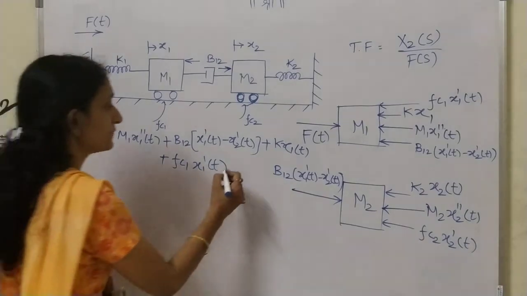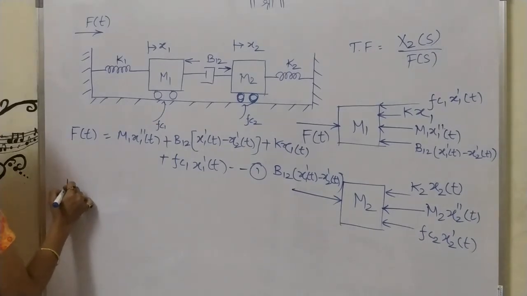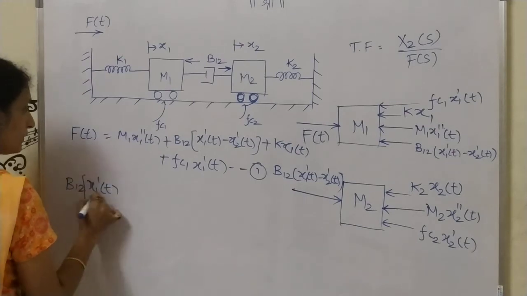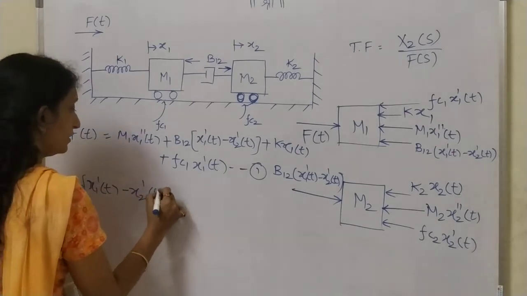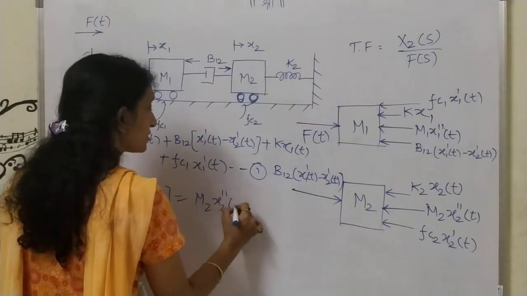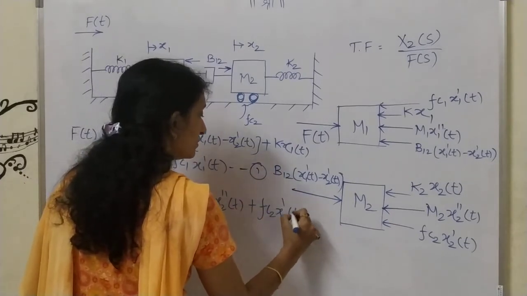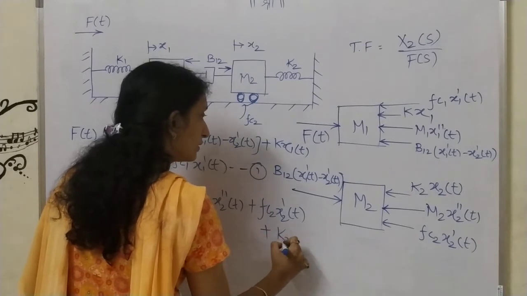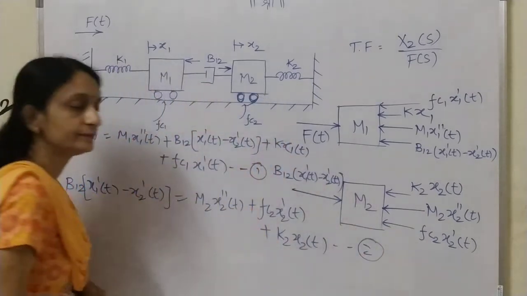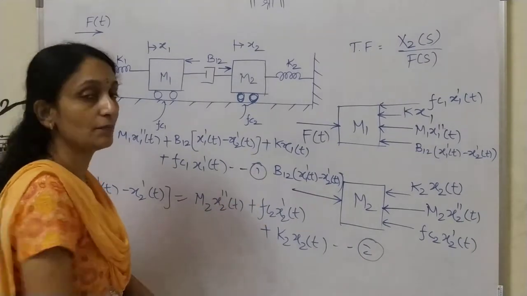So this will be your equation number 1 from the first free body diagram. From the second free body diagram, the input force B12 times x1 dash of t minus x2 dash of t is equal to m2 x2 double dash of t plus Fc2 x2 dash of t plus K2 x2 of t. So this is your equation number 2. So we have obtained 2 equations because 2 masses are there.